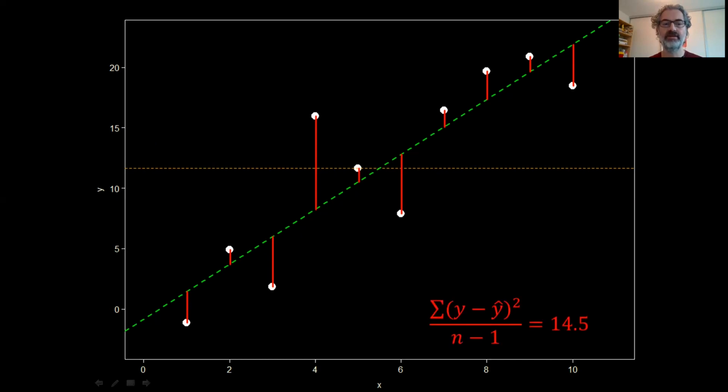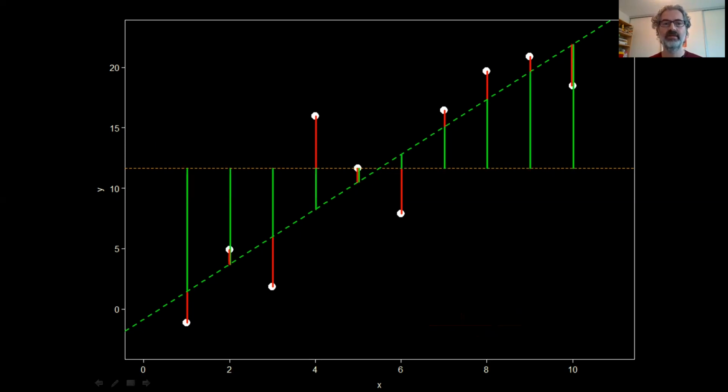So the difference of the actual data points minus their predicted values squared and divided by n minus 1, this is the variance of the residuals. This is how much variability remains in the data after we have predicted them, after we have guessed a value in each case. This is the leftover variability.